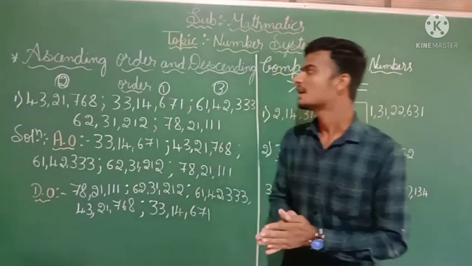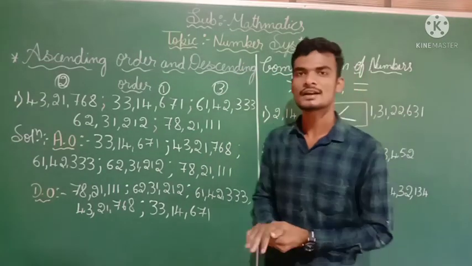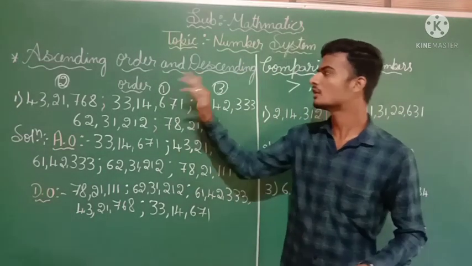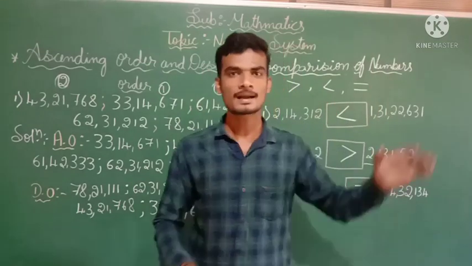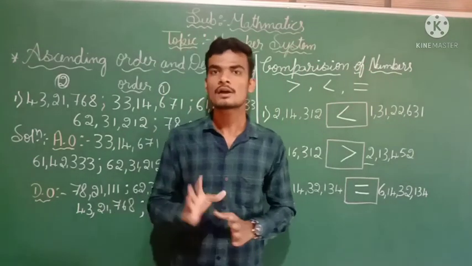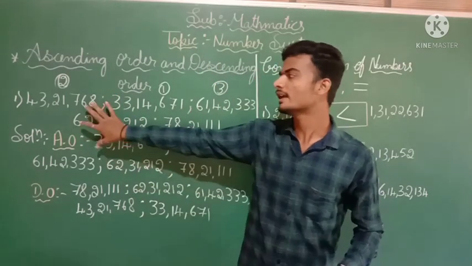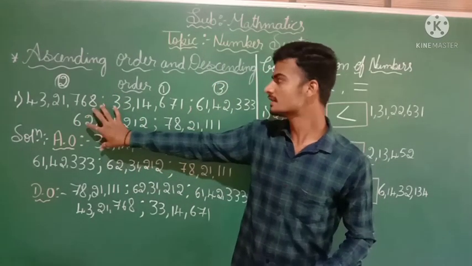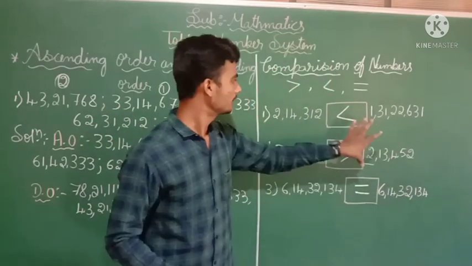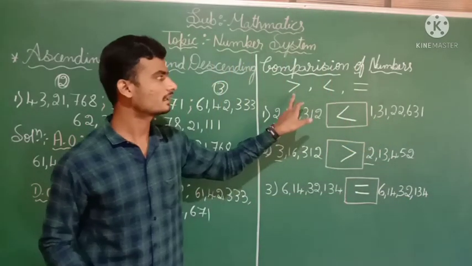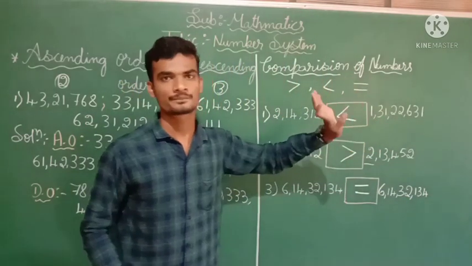Dear students, I hope all of you have understood this topic: ascending order, descending order and comparison of numbers. You have to work on these topics. Take 10 problems on this topic, and take 10 problems each for greater than, smaller than and equal.